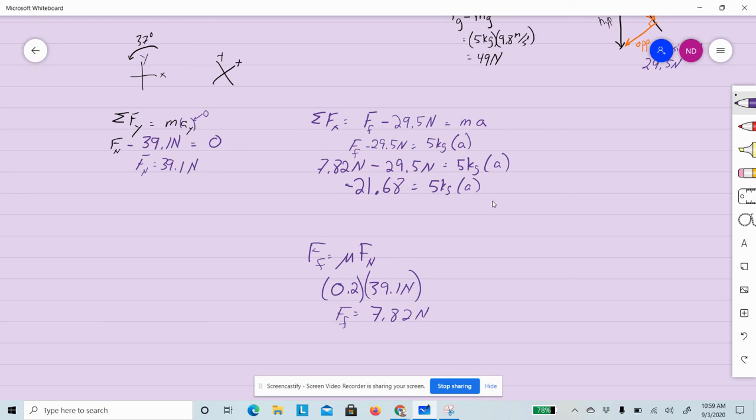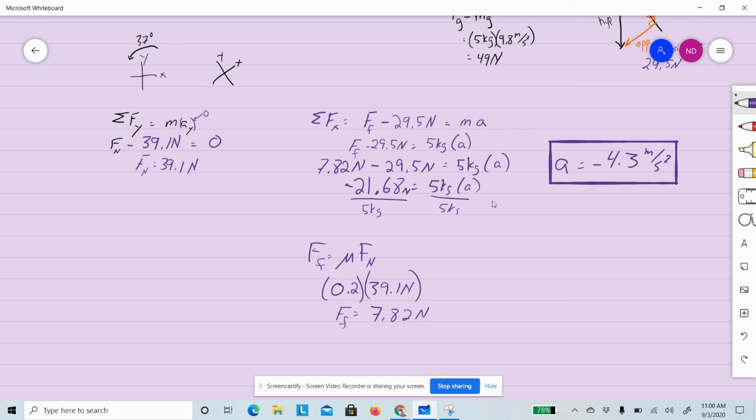Divide both sides by 5. That's also newtons divided by kilograms. So that divided by 5 gives you 4.33. The acceleration equals negative 4.3 meters per second squared.